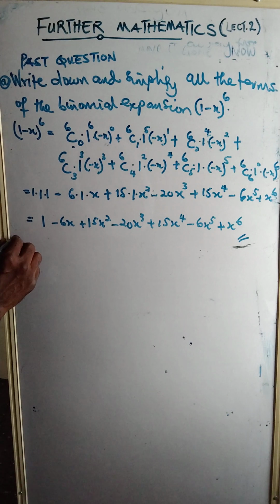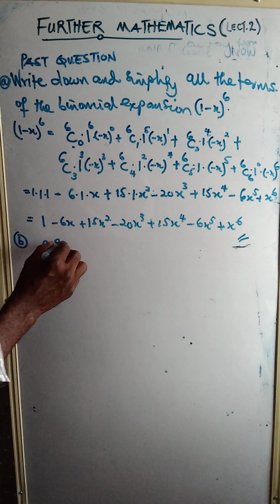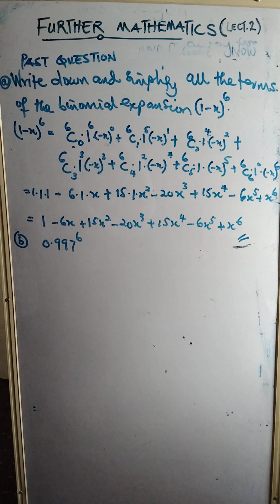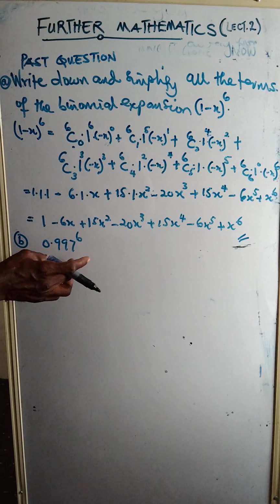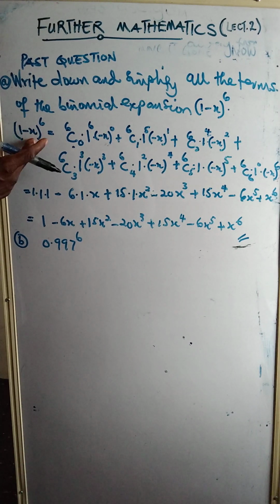So B, they said we should use our expansion to evaluate 0.997 raised to power 6. Now, when this sort of thing is given to you, the first thing to do is to express this value to look like the original binomial expansion.